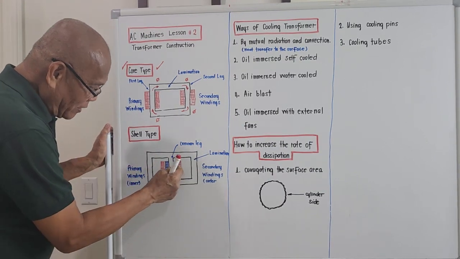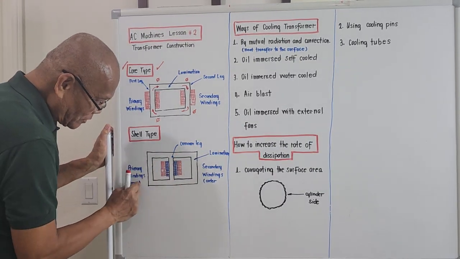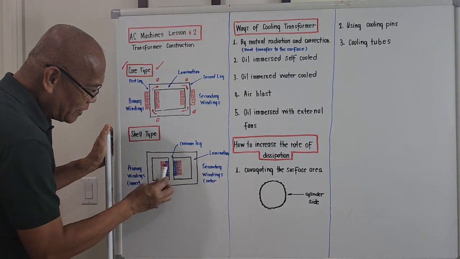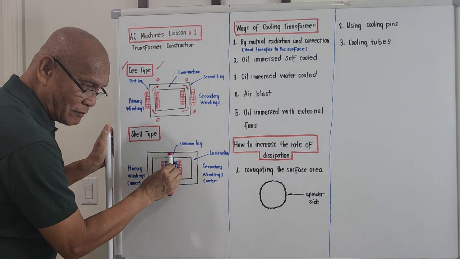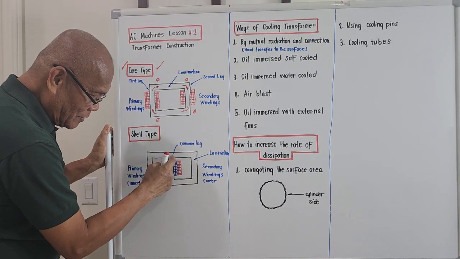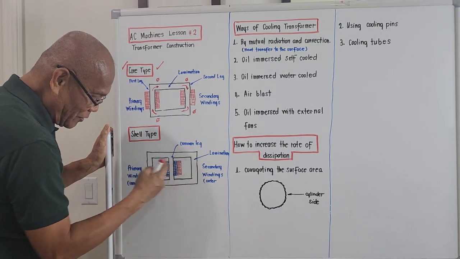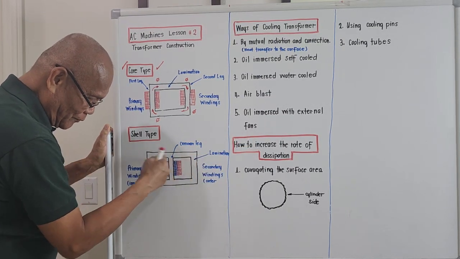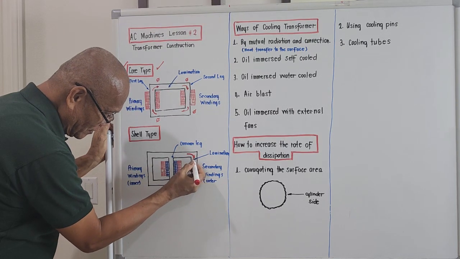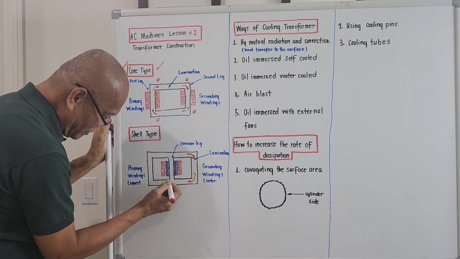So the red cross section here represents the secondary winding, the blue represents the primary winding, and they are connected on the center leg. This is the common leg. This is termed the lamination or the iron core, where the flux will circulate.